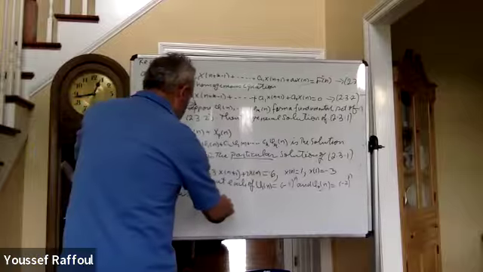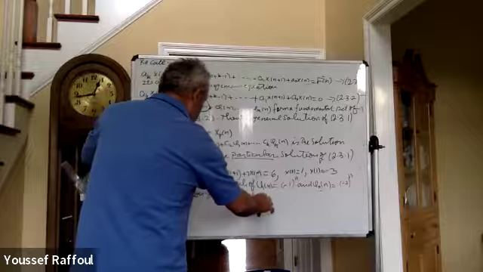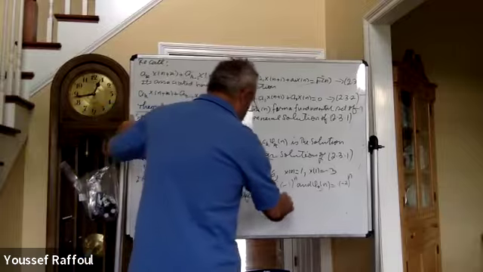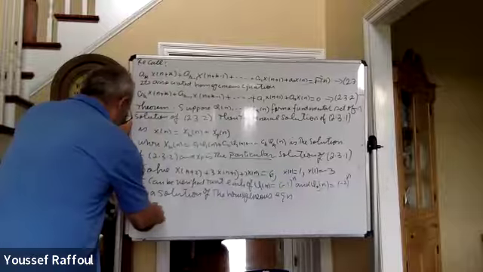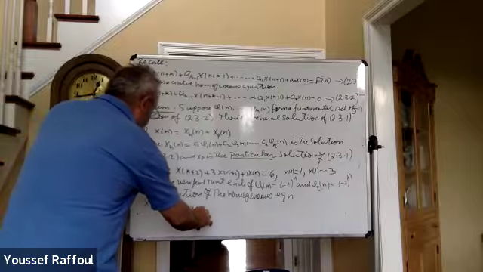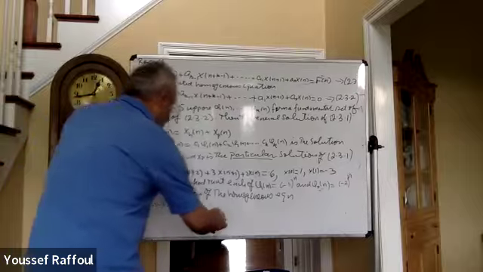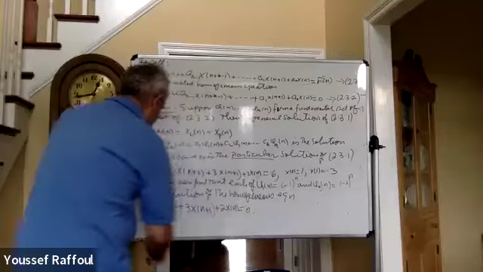of the homogeneous equation x of n plus 2 plus 3x of n plus 1 plus 2x of n equals 0.